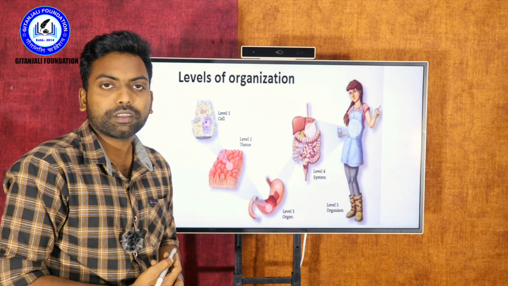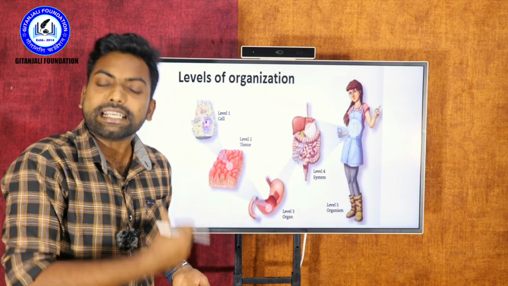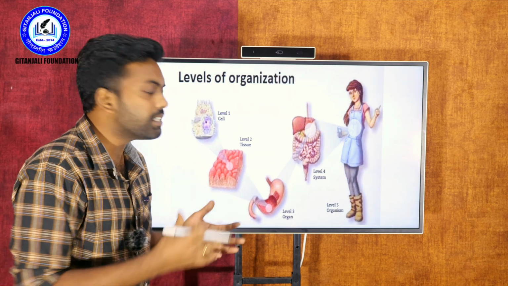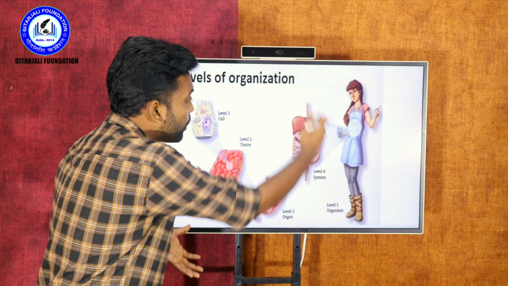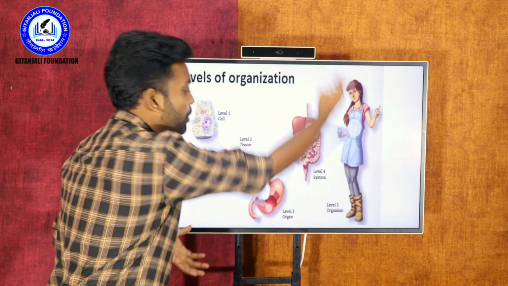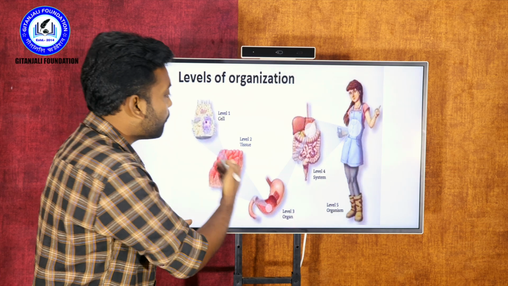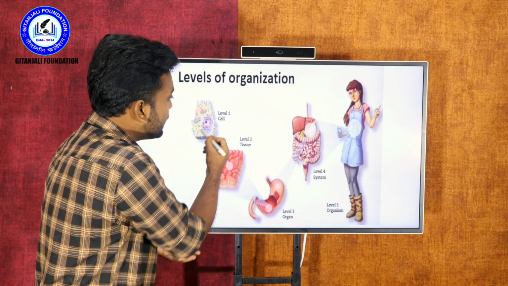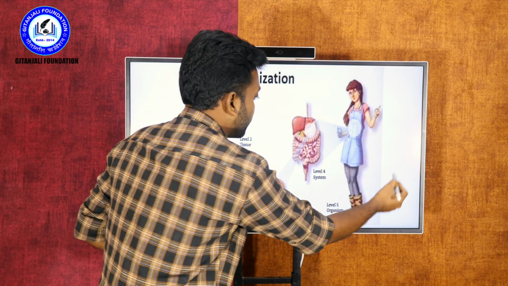The digestive system is built up of the oral cavity, esophagus, stomach, small intestine and intestine. This is the way organs become a system. When a group of systems comes together, the human body is made up. So this is the levels of organization, from single cell to human body. My dear students, I hope you got this point.